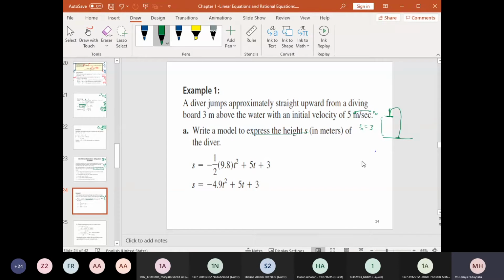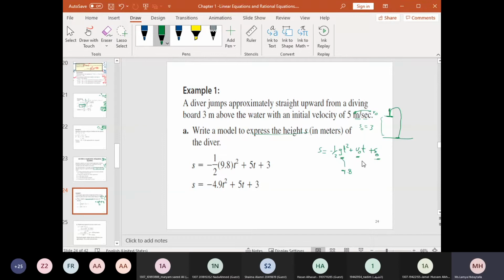So I have the formula. The formula says S equals minus half g t squared plus V naught t plus S naught. I have S naught as 3 and V naught as 5, correct? For g, I'm using the metric system, meters per second, and g is 9.8, correct?